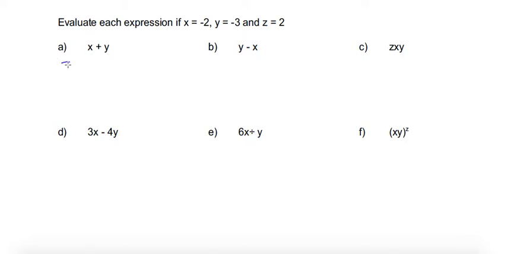So for part A, my value for x is negative 2 plus, and my value for y is negative 3. So I'm going to put that negative 3 inside of a bracket for now.